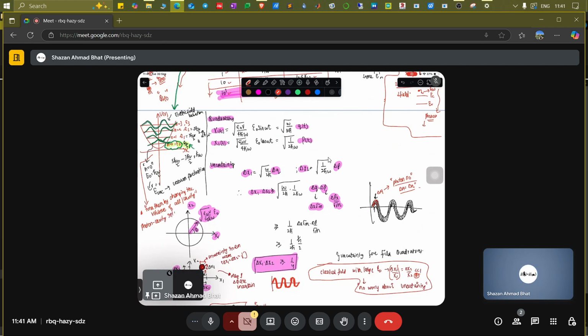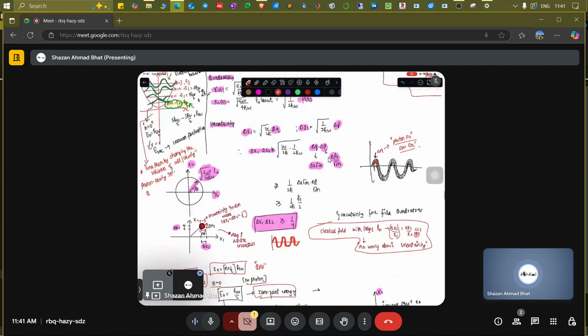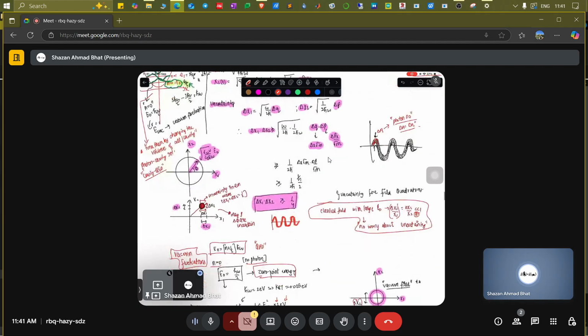Or you can talk about it in terms of cavity QED, cavity quantum electrodynamics, wherein if you have a photon inside a cavity, what is going to happen to that photon and how it behaves. All of these are studied under cavity quantum electrodynamics.